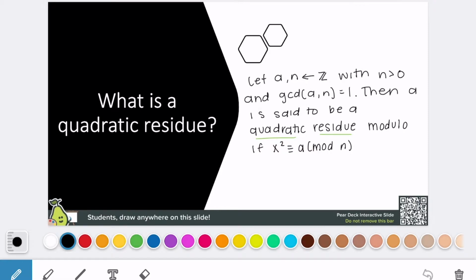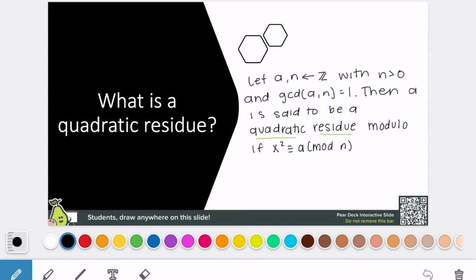So right here, what is a quadratic residue? We can explain it as: let A and n be integers, with n bigger than 0, so a natural number, and the greatest common divisor of A and n is 1, so they are coprime.